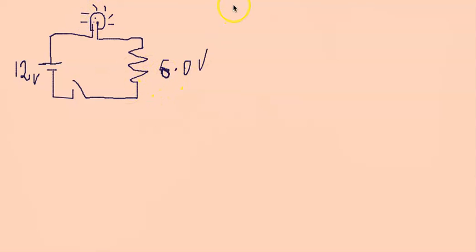Then let's see where is the electric current direction in this case. Since this is positive, this is negative, so the electric current is moving in this direction. So that's I. Let's call this I. We're going to find this electric current. What is the value of this electric current?